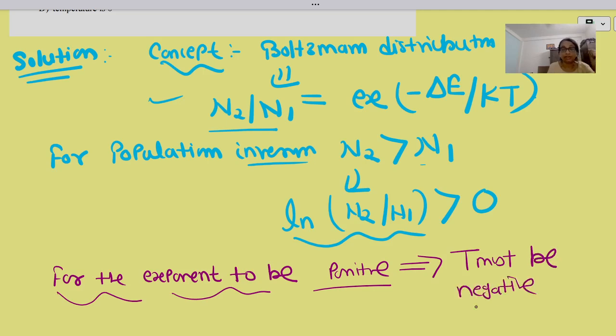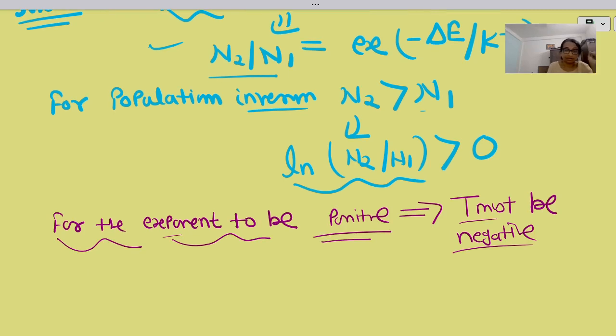So you can find the temperature on the basis of the condition of the exponent. Therefore our answer will be that the temperature value will be negative.